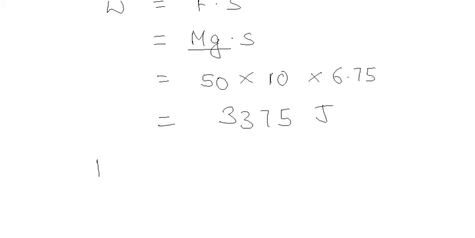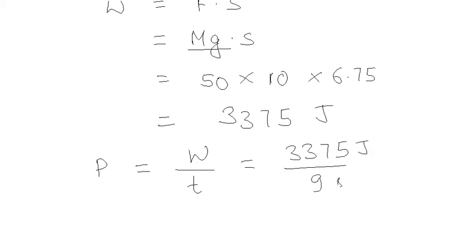To find the power of that boy, we divide this work by time. So 3375 by 9 second, it equals 375 watt.